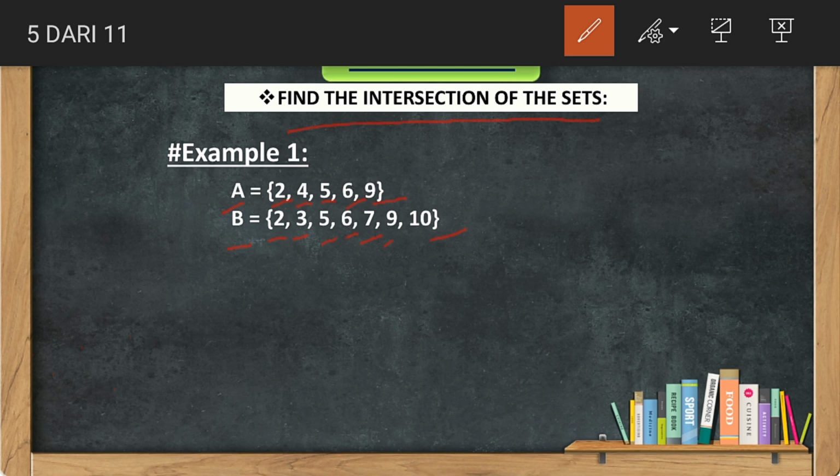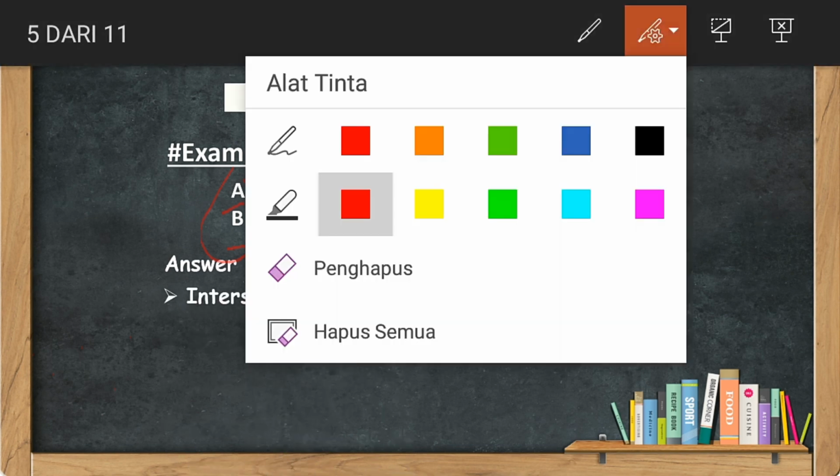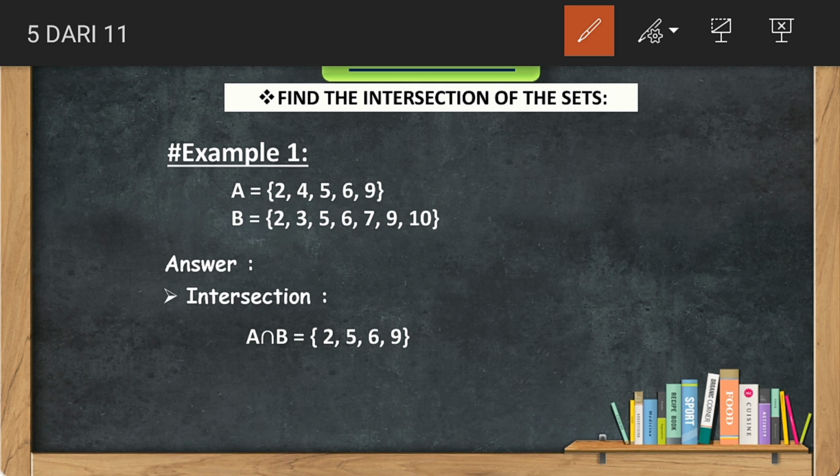So, what is the intersection of sets A and B? How can we get the answer?